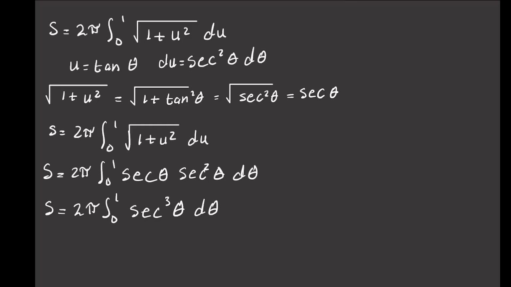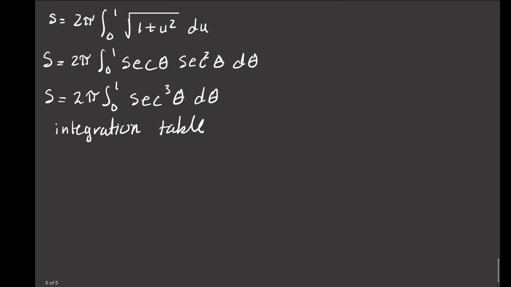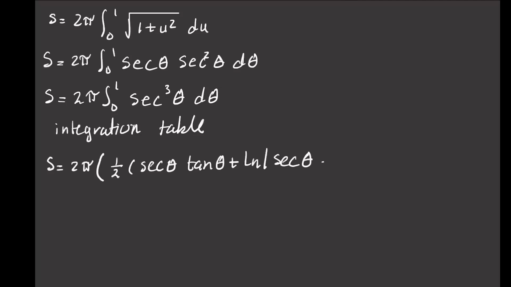Now using the integration table, we know that the integral of secant cubed is equal to 1/2 secant of theta tan of theta plus ln of secant theta plus tan theta.